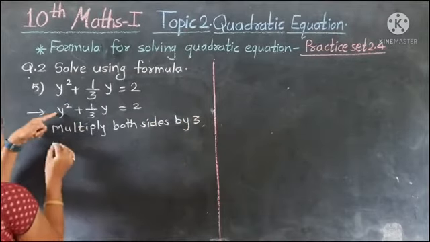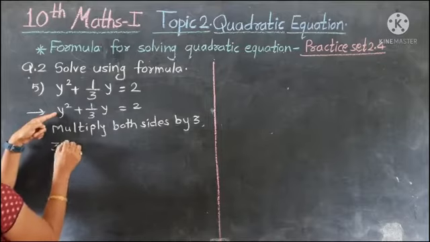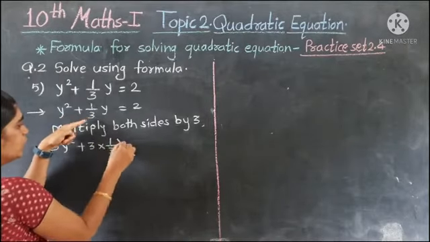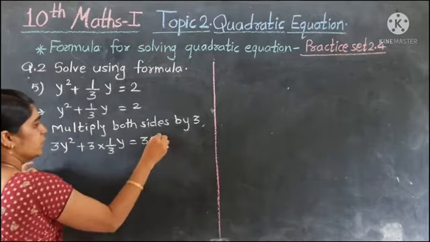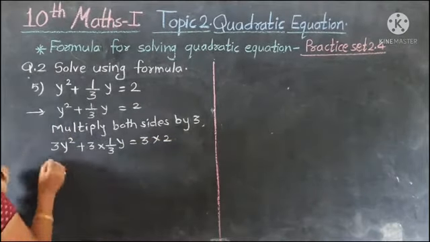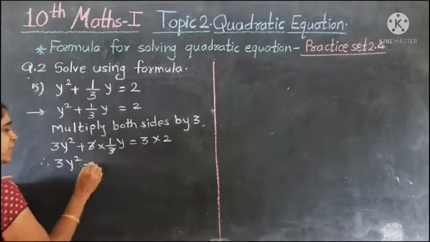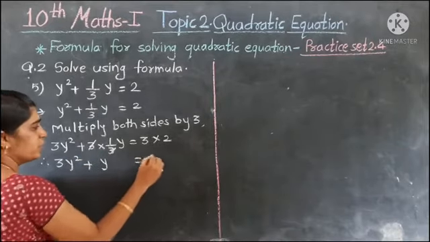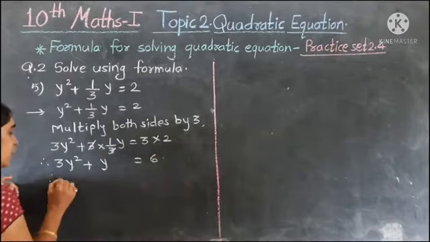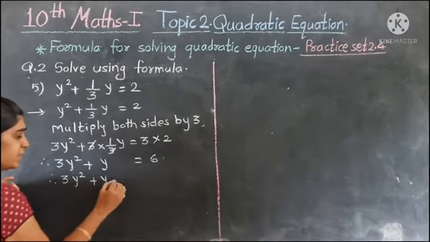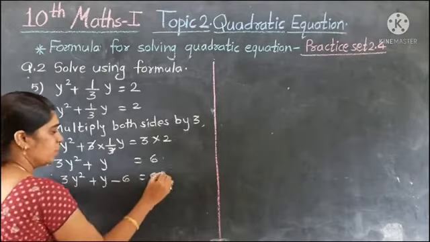So what we get, see, here multiply with 3: 3y square plus 3 into 1 upon 3 into y is equal to 3 into 2. So we get 3y square, the 3s get cancelled, plus y is equal to 6. You write in standard form: 3y square plus y, take 6 here, minus 6 is equal to 0.